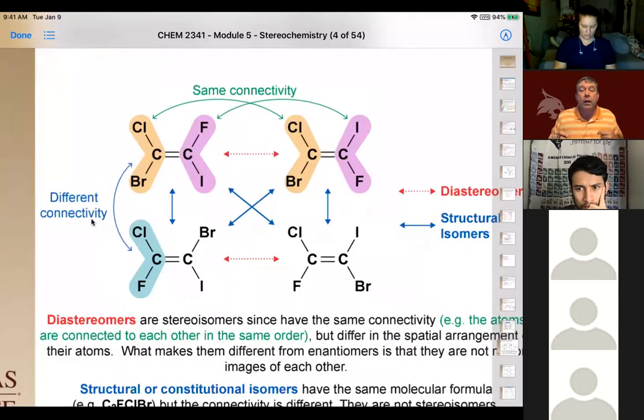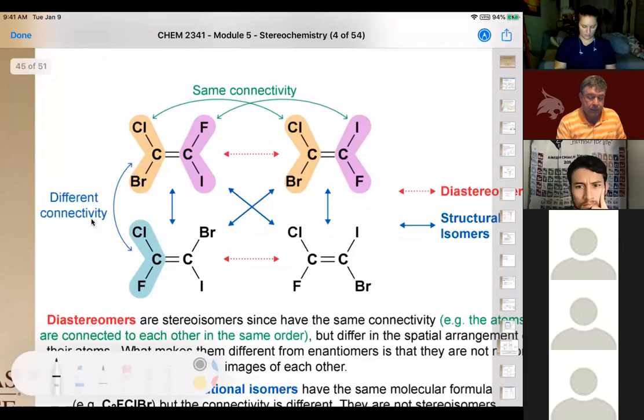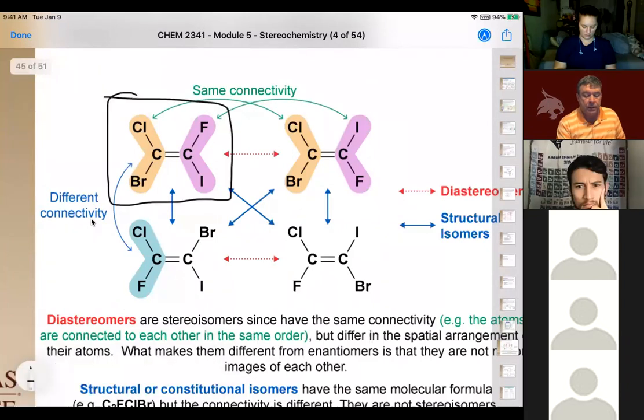However, two of the atoms have swapped positions when it was being made. They don't flip back and forth; they had to be made this way while the double bond was forming. In this case, while the double bond was forming, our fluorine and chlorine were cis to each other, and our bromine and iodine were cis to each other.